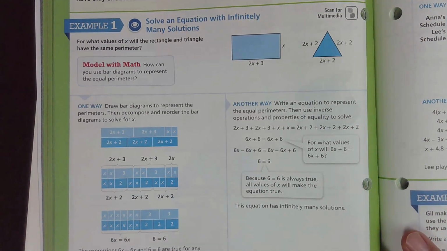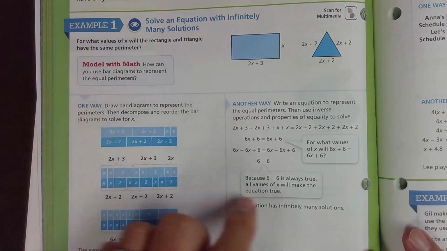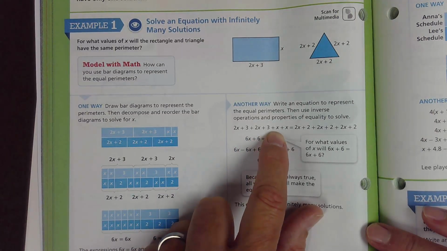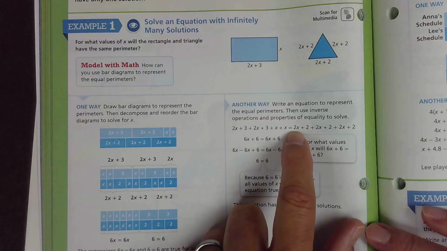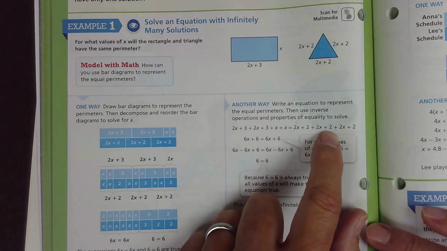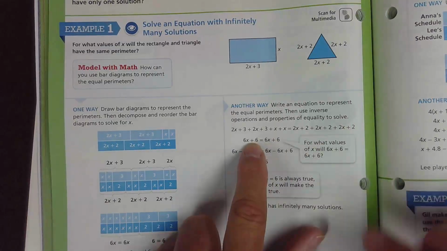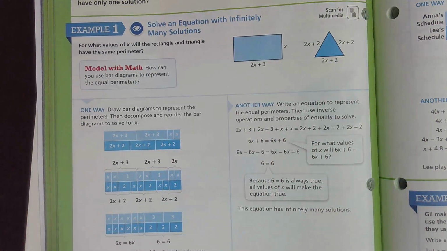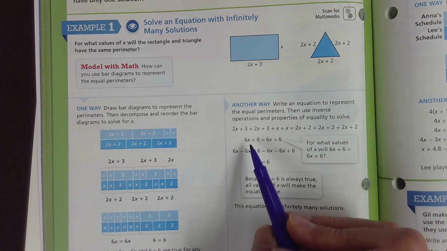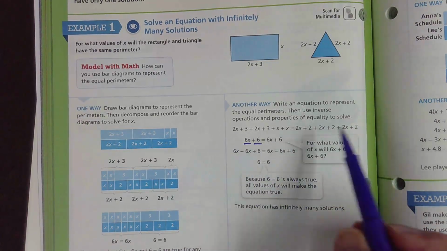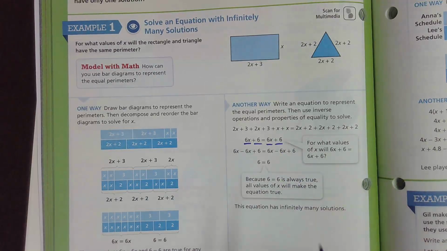And so here we have 2x plus 3 plus 2x plus 3 plus x plus x. And on the other side we have 2x plus 2 plus 2x plus 2 plus 2x plus 2. They're set up a little bit differently, but when you combine like terms, what do you end up with? On the left side here, you end up with 6x plus 6. On the right side, you end up with 6x plus 6.